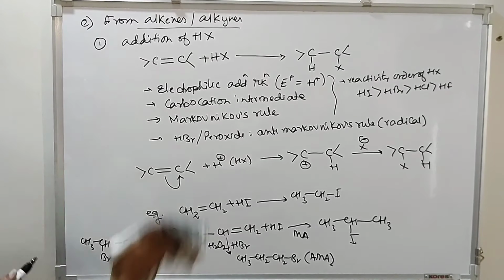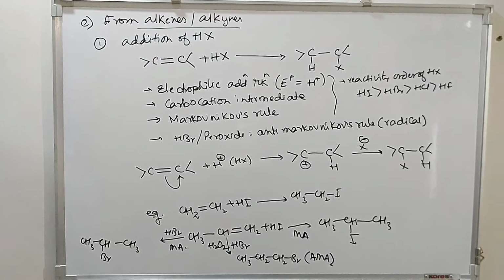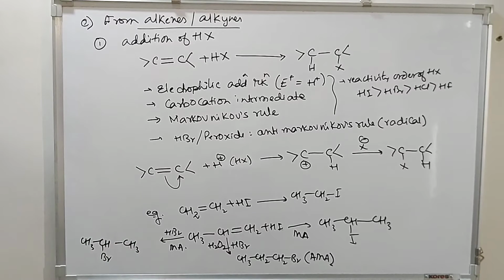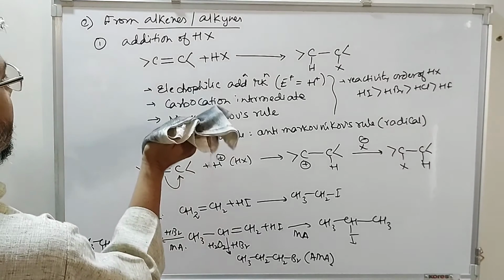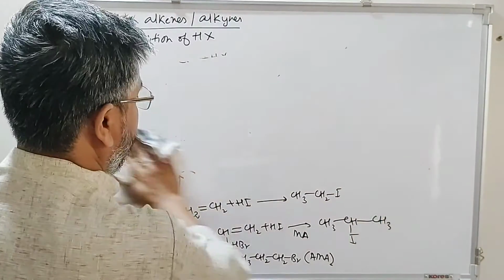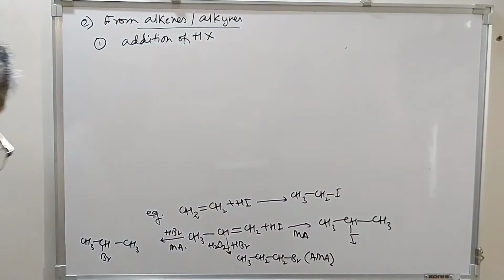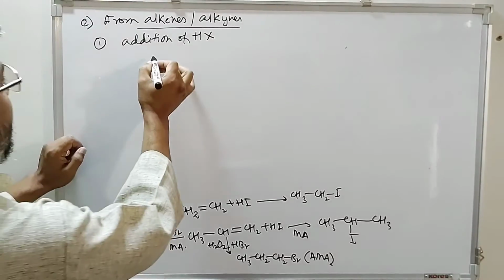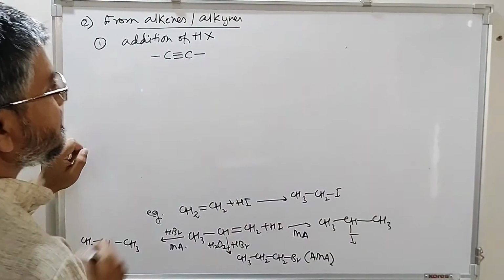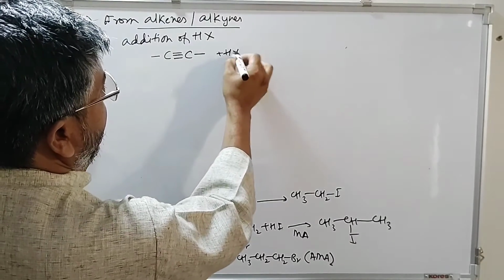In the same way, we can also carry out addition of HX to alkynes. The same method will be followed. The only thing is that 2 moles of HX will be added. Let me write this: C triple bond C reacts with HX.